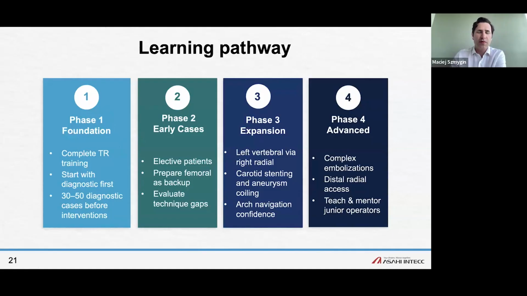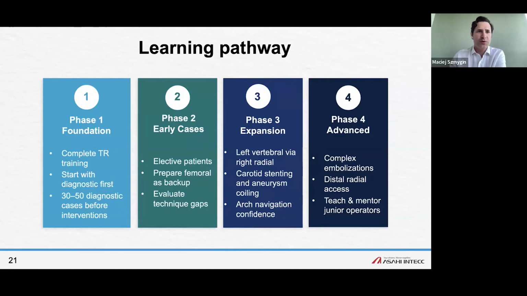It can also be peripheral interventions. We know that it can be done for a lot of vessels, but really try to see it, try to be aware of potential benefits and drawbacks, and then do some, maybe not 50, but start with diagnostic cases.